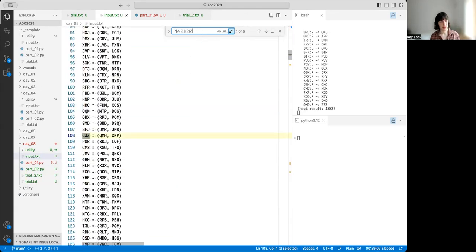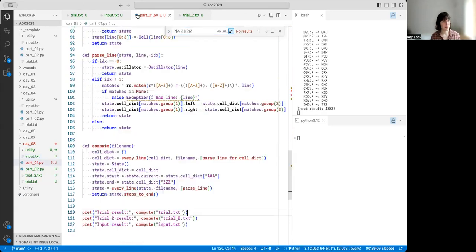6 and 6 with Z. Oh, that's fine. Unless it's a lot more steps, which it probably will be. It's already taking, well, most of that time is probably printing, but it's already taking a while.